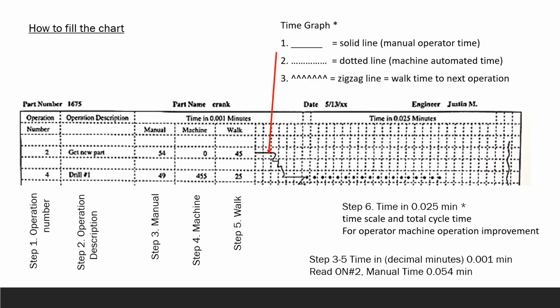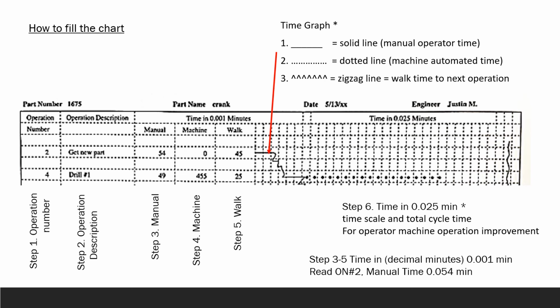How to fill the chart. Step 1, put the operation number right here. Step 2, fill the operation description. And for step 3 to 5, from here to here, fill time for manual, machine, and walk in decimal units, going at 0.001 minute.